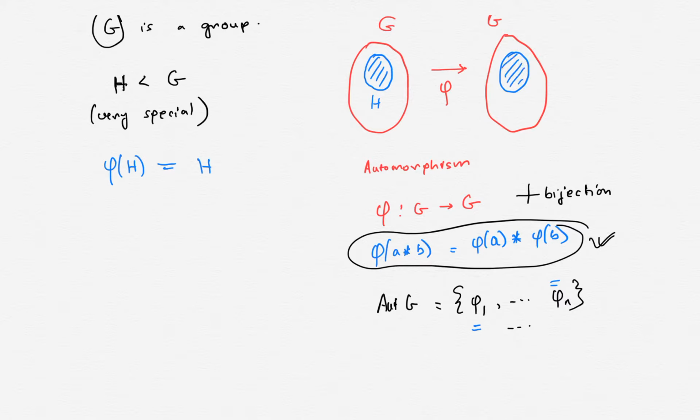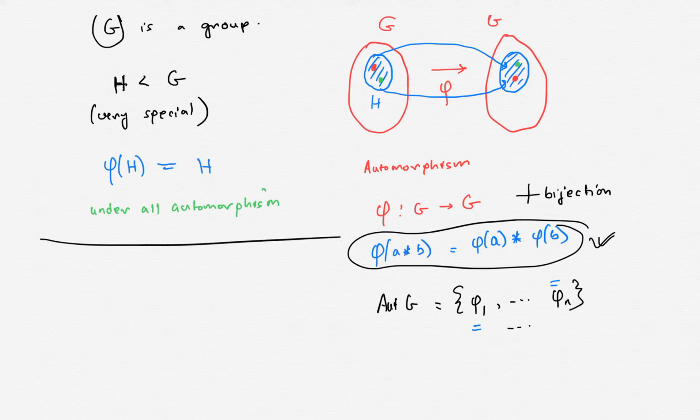So H goes to H under the automorphism, in fact under any automorphism. Of course, the points inside H can move around inside H. That can happen, but as a set, H goes to H. And this is not only happening under a particular automorphism, this is happening under all automorphisms. So H has in some sense a super invariant property.